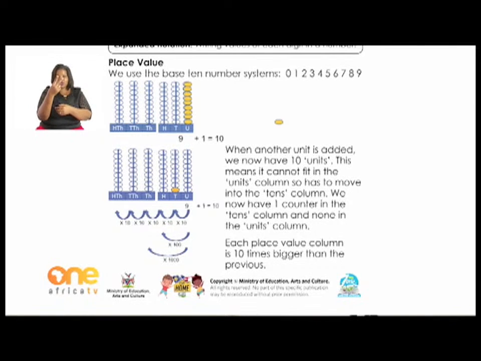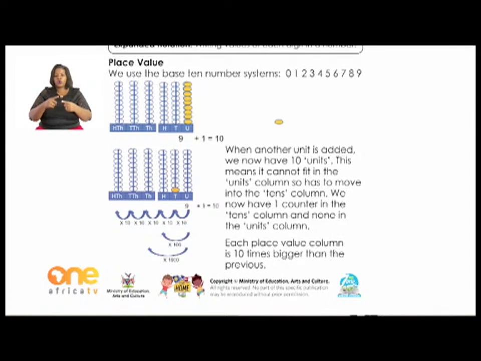This means it cannot fit in the units column, so I have to move into the tens column. We now have one counter in the tens column and none in the units column. Each place value column is 10 times bigger than the previous.